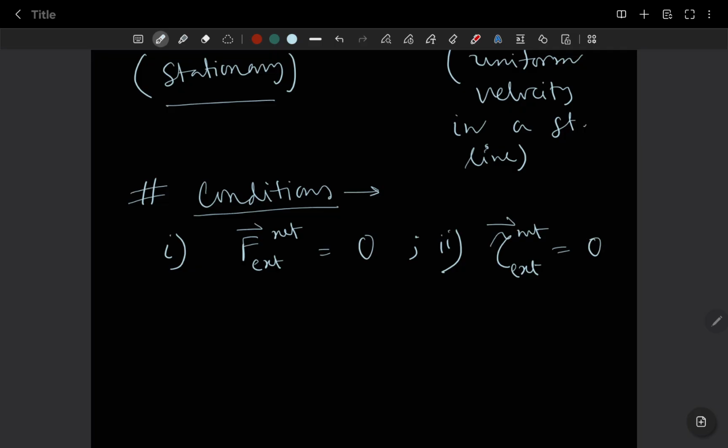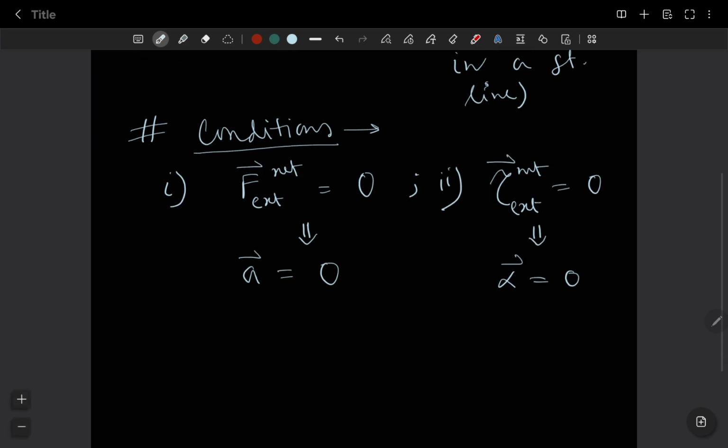This ensures translational equilibrium and this ensures rotational equilibrium. In this case the acceleration will be 0, and in this case the angular acceleration will be 0.